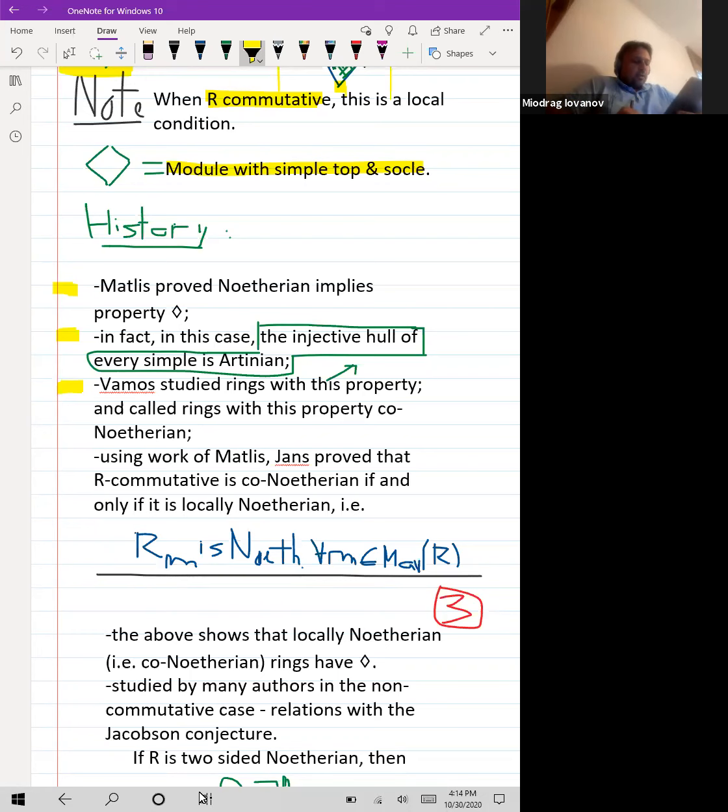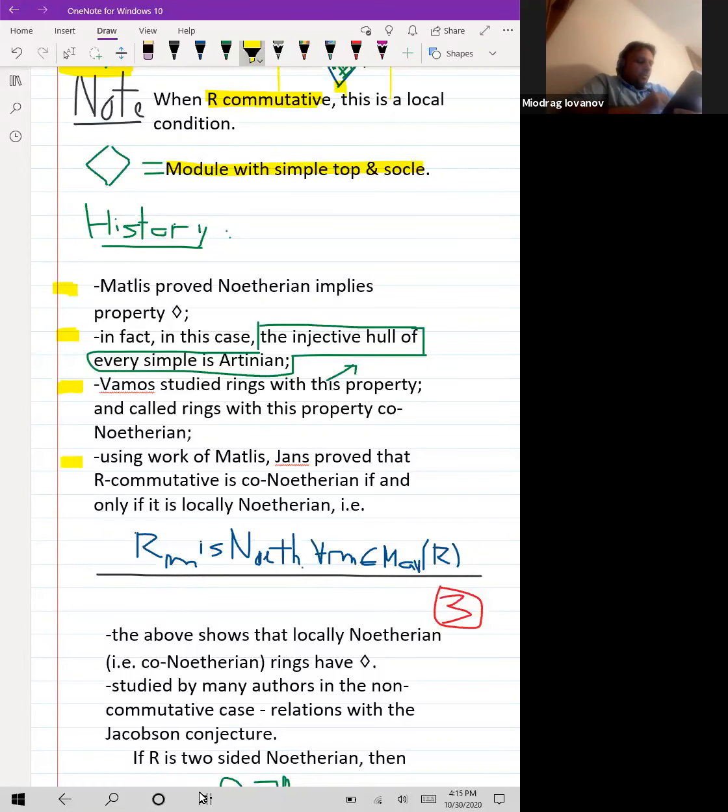Vamos studied these rings, and he called the rings with this property co-Noetherian, because in a sense they have a dual property to being Noetherian. You don't look at the ring itself, or maybe projective finitely generated modules, but you look at the dual things, the injective modules, and you want those to be Artinian. So he called those co-Noetherian.